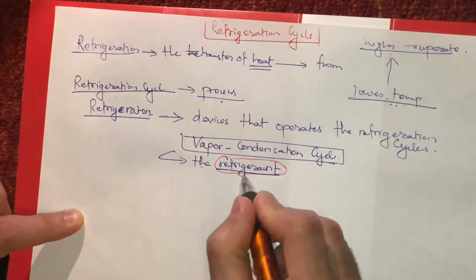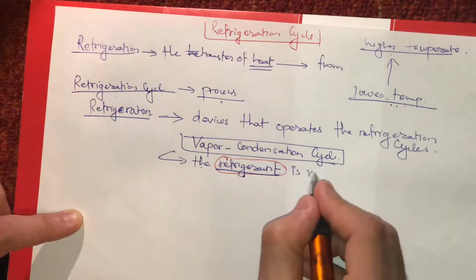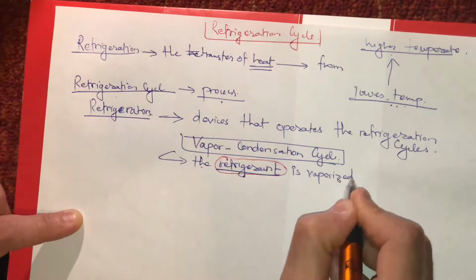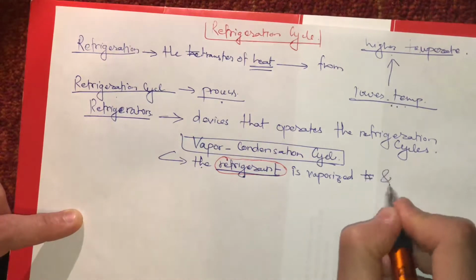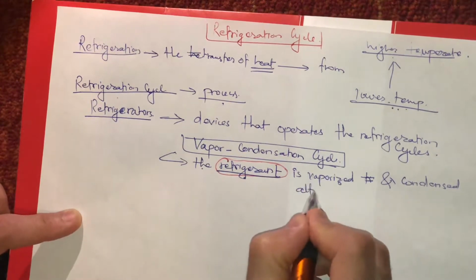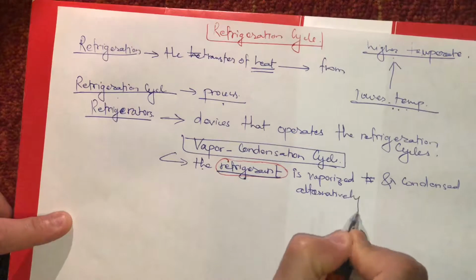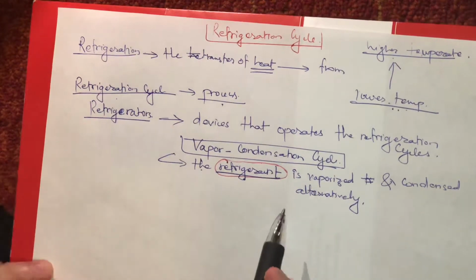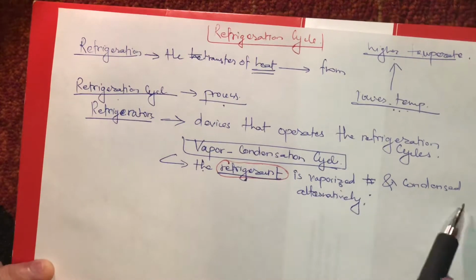The first thing that happens in the vapor condensation cycle is that the refrigerant is vaporized and condensed alternatively.